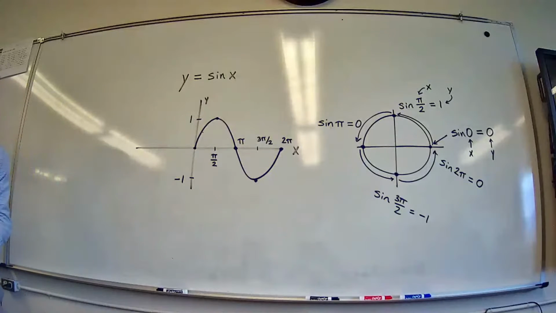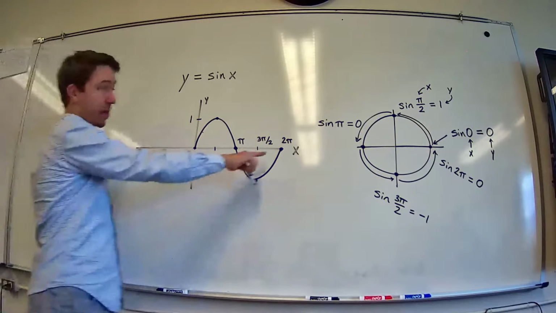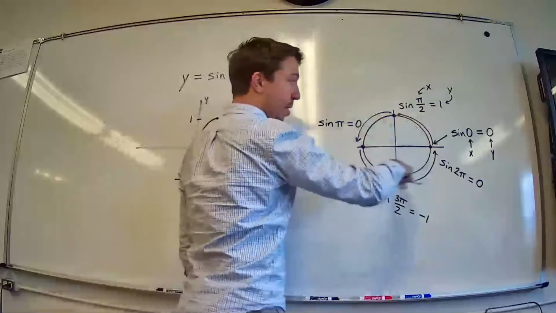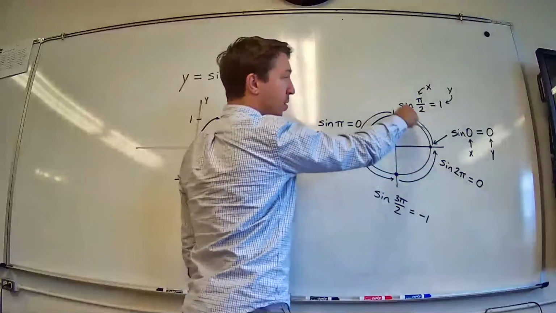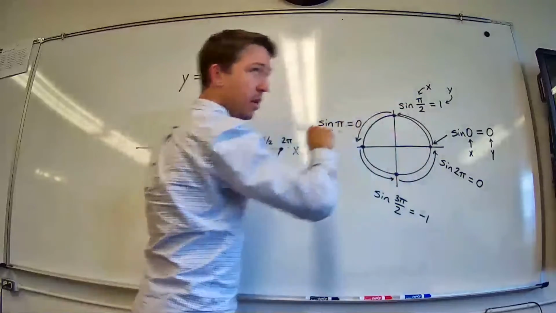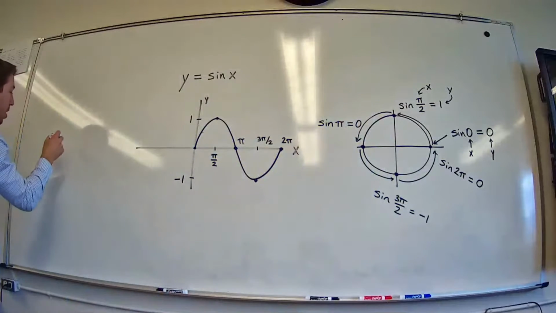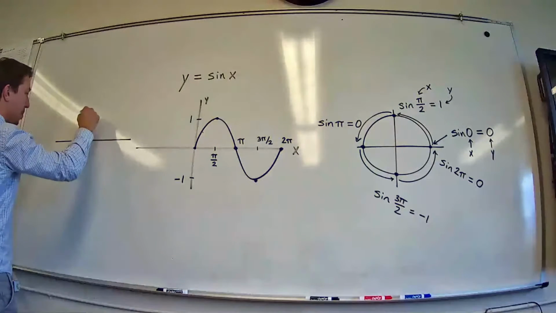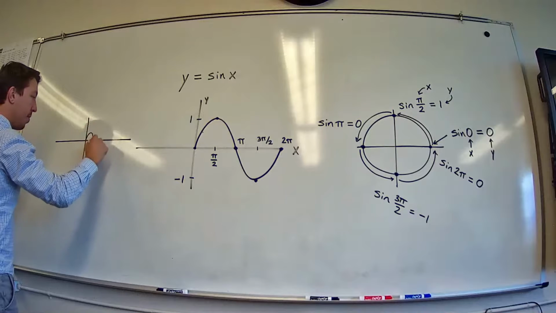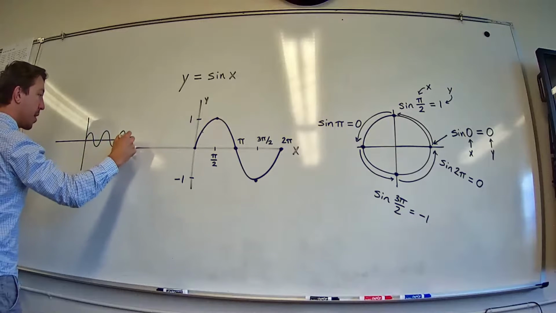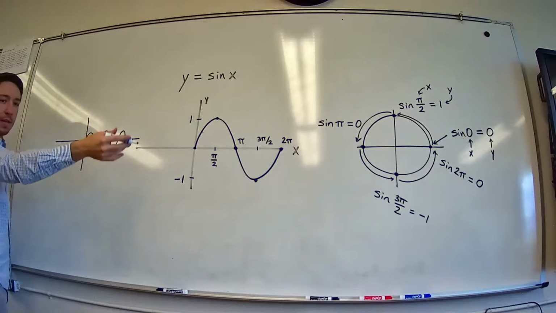Okay. Now, is that the whole graph? No. I hit 2 pi, but nothing stopped me from just going more and more around the circle. So if I zoomed out, this would just cycle around infinitely many times.